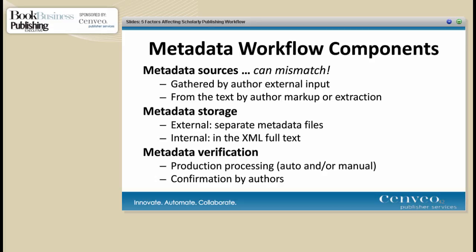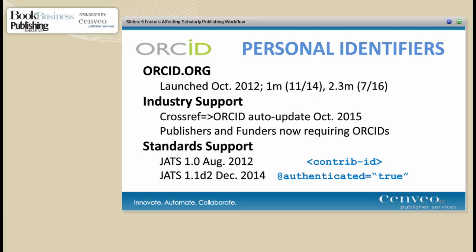So, talking about ORCIDs, the formal launch was in 2012, and the ORCID count is now over 2.3 million identities and growing steadily. The major recent industry event was last fall when Crossref and ORCID built the connection that Chuck described to us. It's a great enhancement to our community. But recently, publishers and funding agencies have started requiring ORCID IDs, so industry adoption is increasing.